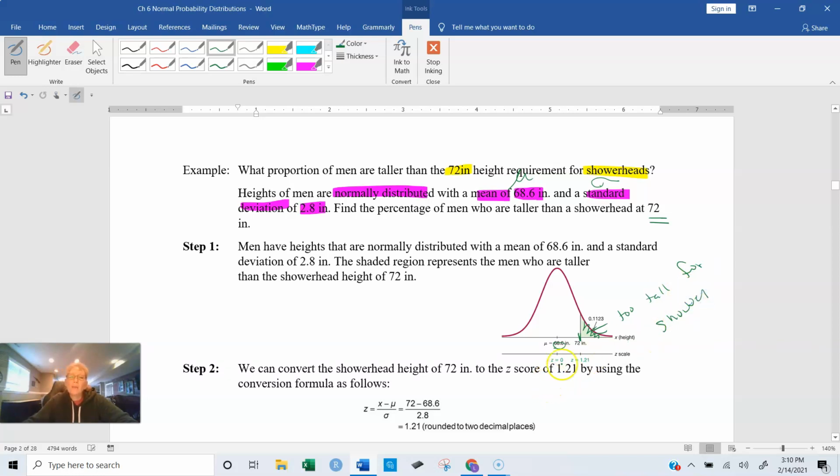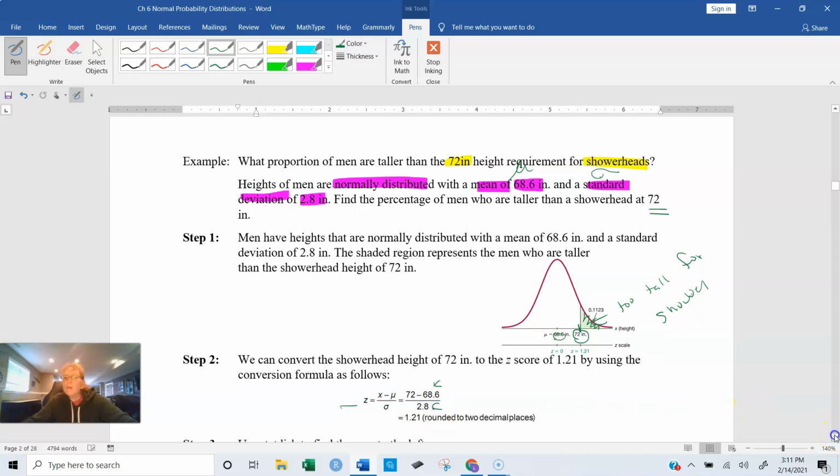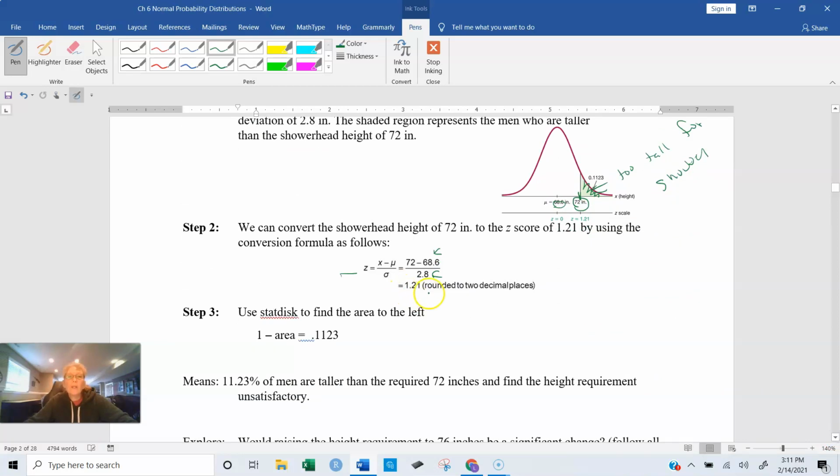So first thing we have to do is convert this 72 into a z-score so we can type it in StatDisk. Now remember, z-score is x minus mu over sigma. So it's 72 minus our 68.6 divided by 2.8. Now, if you round to 2 decimals, that's what your book does. I do not like this.